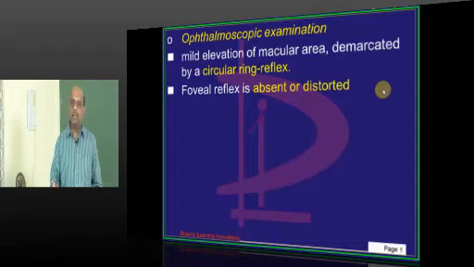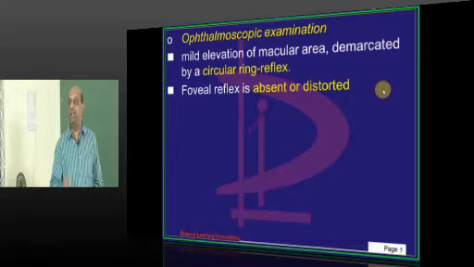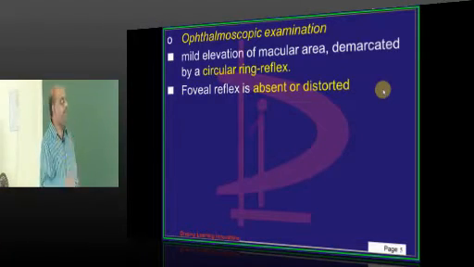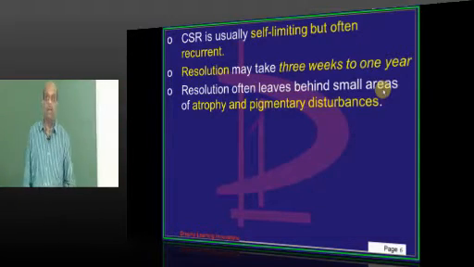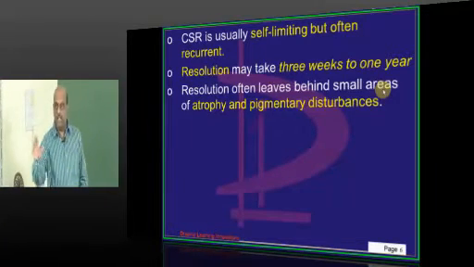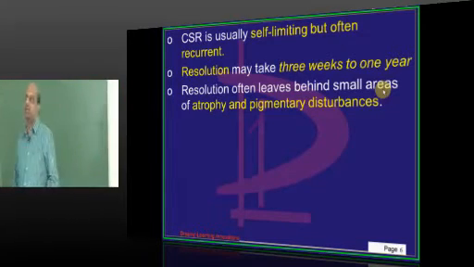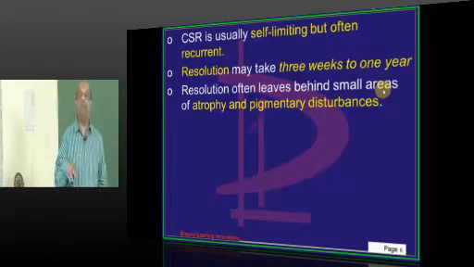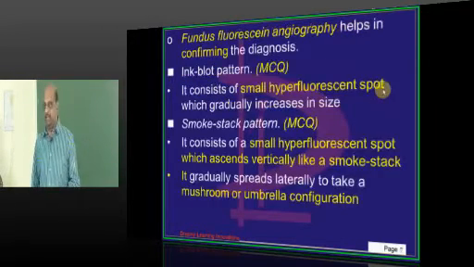So the place where there is the highest visual acuity in the macular area. Normally it gives a reflex, but because of this subretinal fluid, that foveal reflex will be distorted or become absent, which is another important feature. But the good news is, unlike retinal detachment, central serous retinopathy is self-limiting in nature, but it is often recurrent. Resolution will take about 3 weeks to 1 year, and after the resolution there may be a few atrophic changes, or it can leave a little bit of pigmentation in the retina.